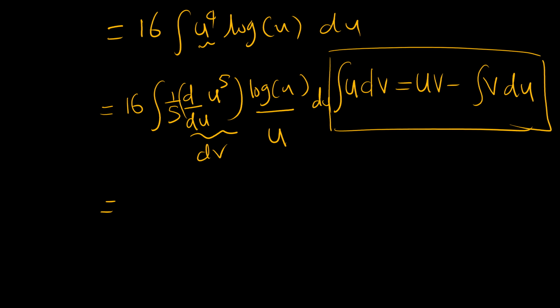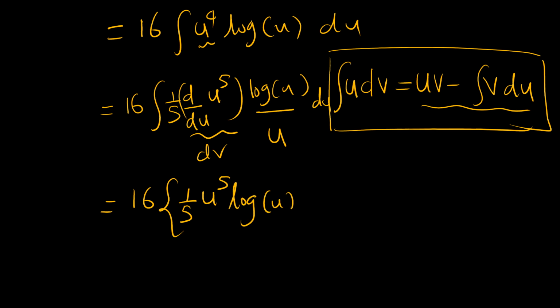So now we're going to look at what is on the right hand side. Uv is going to be, since our v is 1 over 5 u to the power 5, and then capital U is log u, minus our v, 1/5 of u to the power 5, times dU, the derivative of log u, which is going to be 1 over u, right?